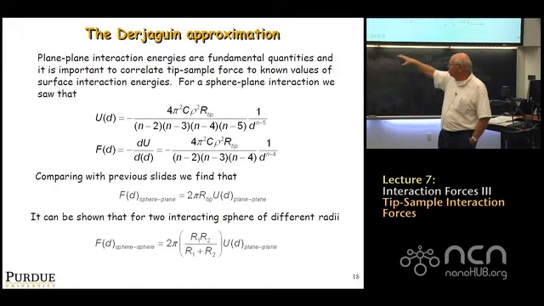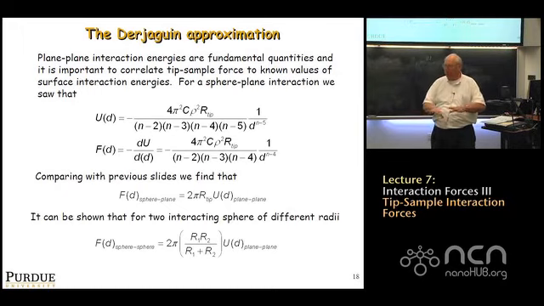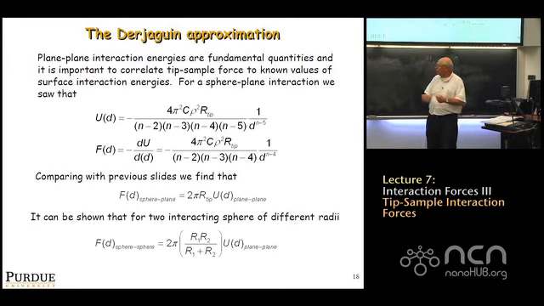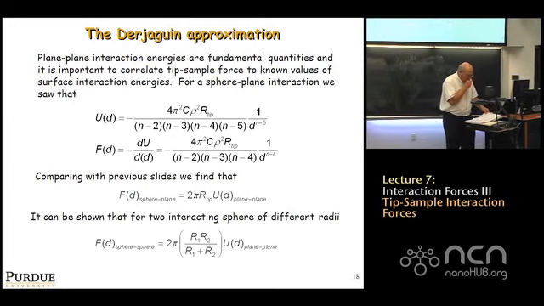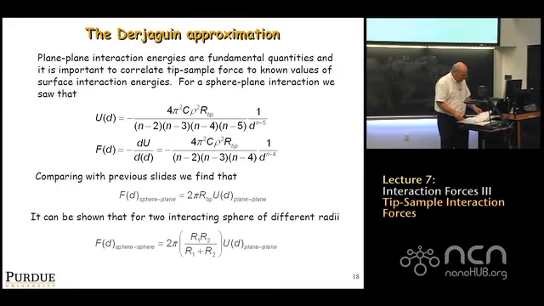So even if the substrate is not perfectly flat and has some curvature to it, there's still a way that you can measure the sphere-sphere interaction force, how much it takes to separate two rigid spheres, and relate that back to this fundamental plane-plane quantity.